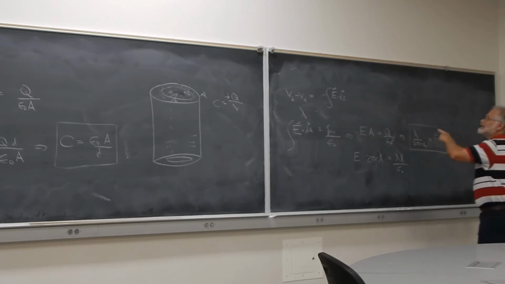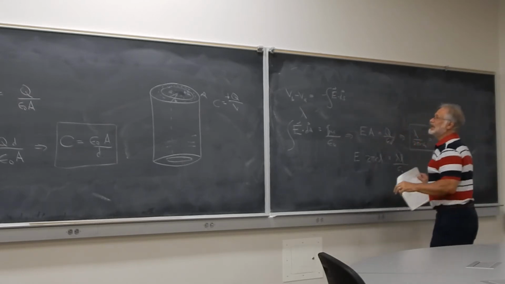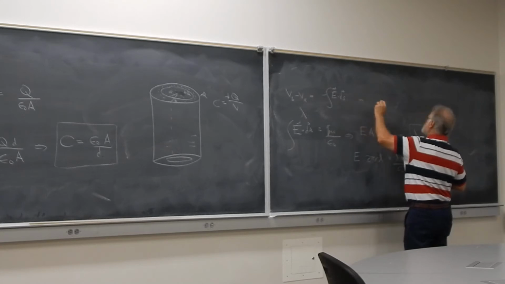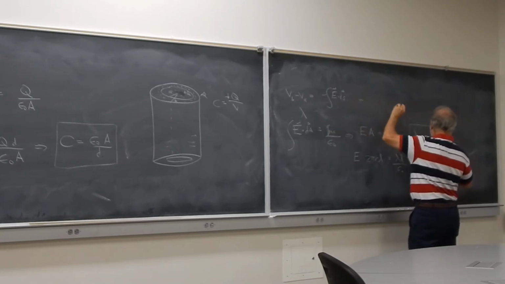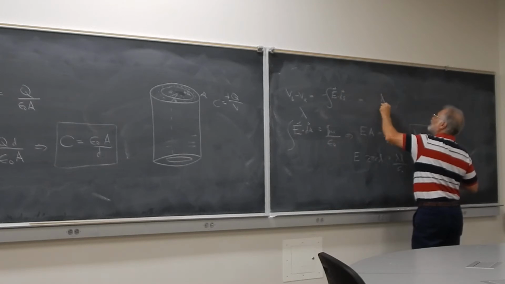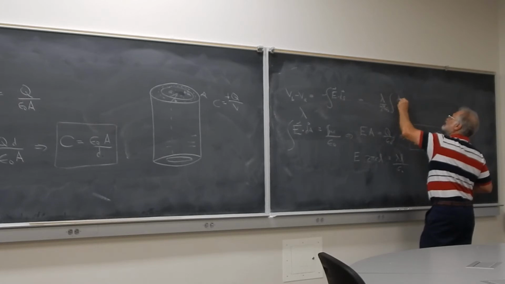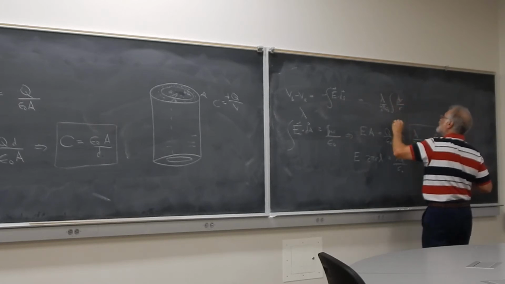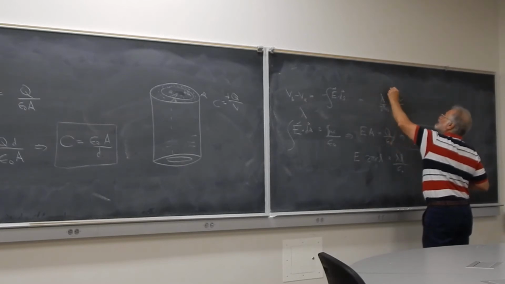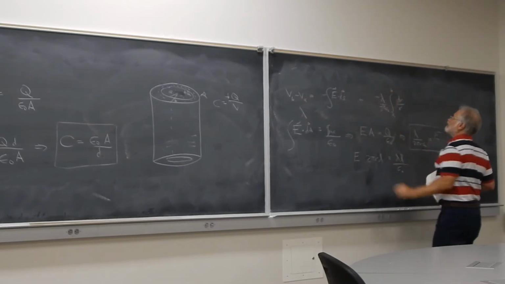I can put that expression in my electric potential expression, so that's going to give me the integral of lambda over 2 pi epsilon naught, integral dr over r from A to B. Will give me a minus.